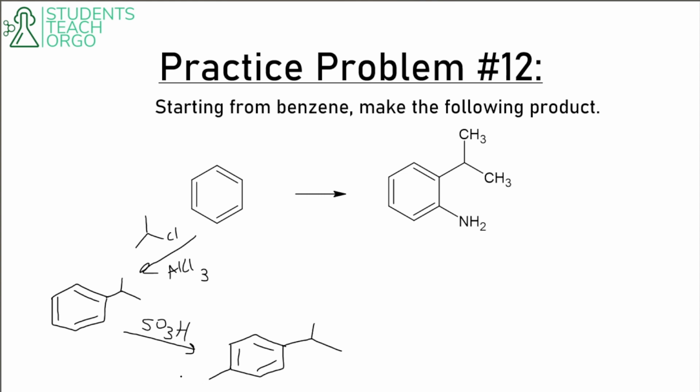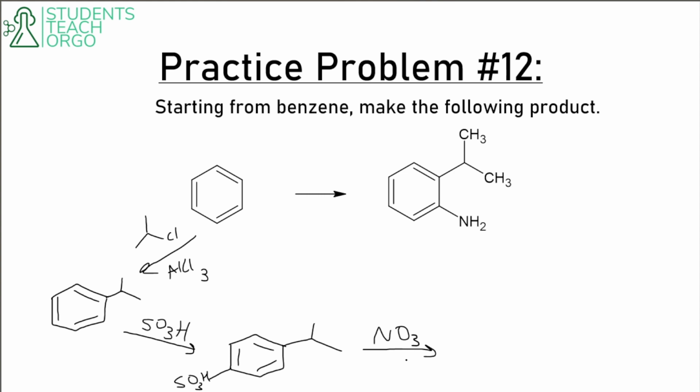Now, we know that it's going to go into the para position, no problem. And why is that? Well, once again, if you have something across from an activating group that's going to direct para, it needs to be small if you're going to get an ortho-para mix. But if you want to lock in para, you need something large, kind of like an isopropyl group. So isopropyl group is perfect here. So we're going to block that para position.